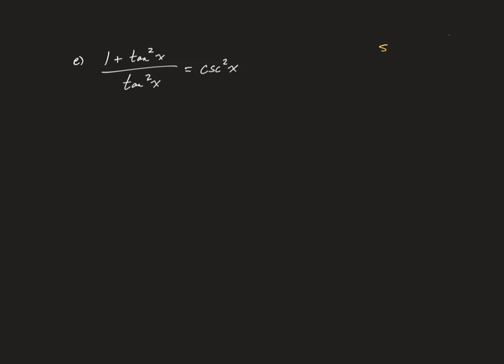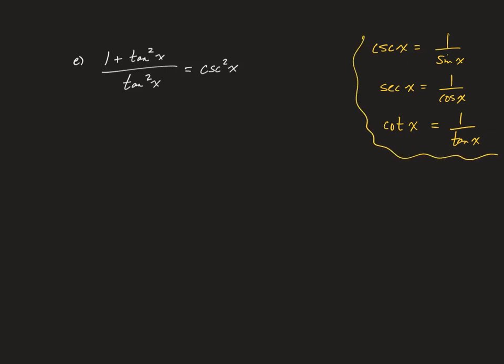Remember that cosecant x is equal to 1 over sine x, that secant x is equal to 1 over cos x, and cotangent x is equal to 1 over tan x, are three reciprocal identities. So now that we have those in our back pocket, we can then jump back in and start playing around with E. So let's pause the video, see if we match up in the end.